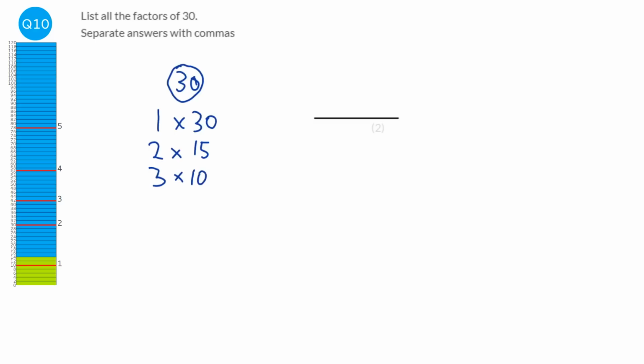Now 4 doesn't go because 30 is not in the 4 times table. 5 times 6, and we notice that if we pick 6, it's just going to be 6 times 5, just going to be the opposite. So the factors are all the numbers that we've just written down, so it would be 1, 2, 3, 5, 6, 10, 15, and 30.